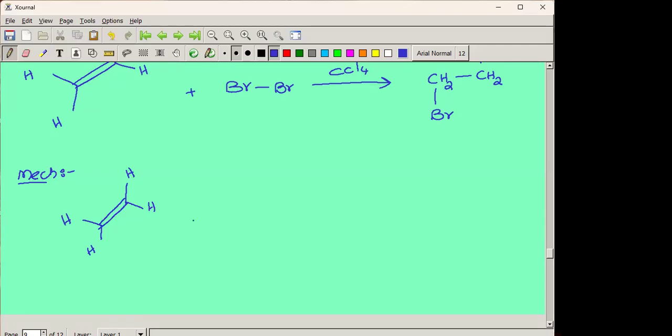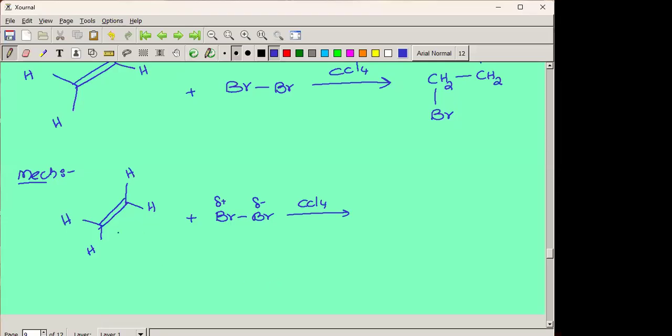So see here, that is bromine in presence of CCl4. Both are electronegative atoms. In CCl4, symmetrical cleavage would happen if we used sunlight, but here it is CCl4, so one bromine has a partial positive charge and the other a partial negative charge.